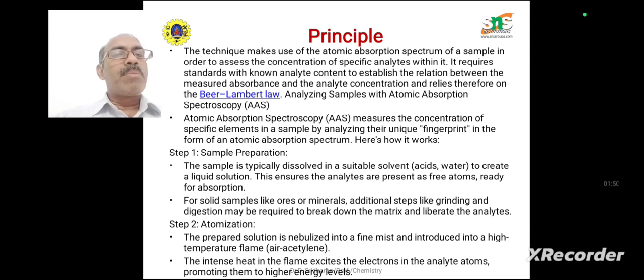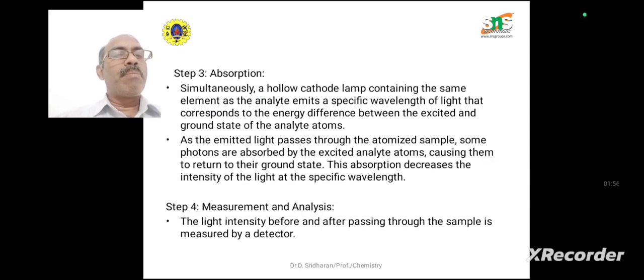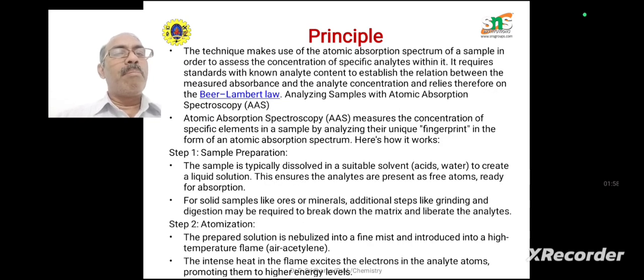Atomic absorption spectroscopy measures the concentration of specific elements in a sample by analyzing their unique fingerprint in the form of atomic absorption spectrum. So here, step 1 is the sample preparation, and step 2 is the atomization. So this is the first step.